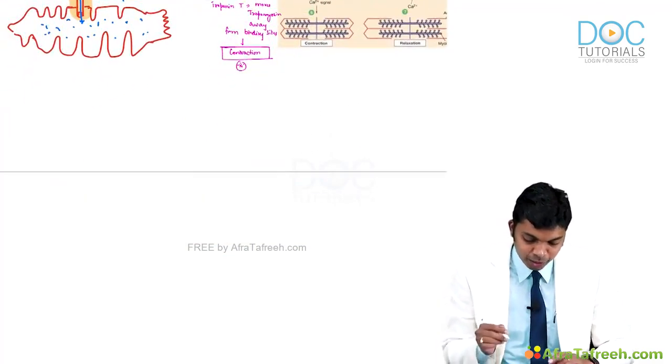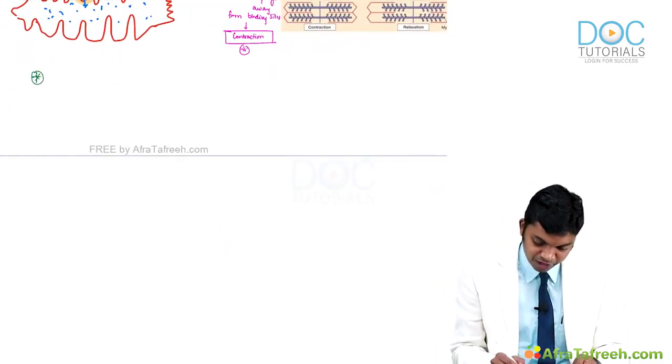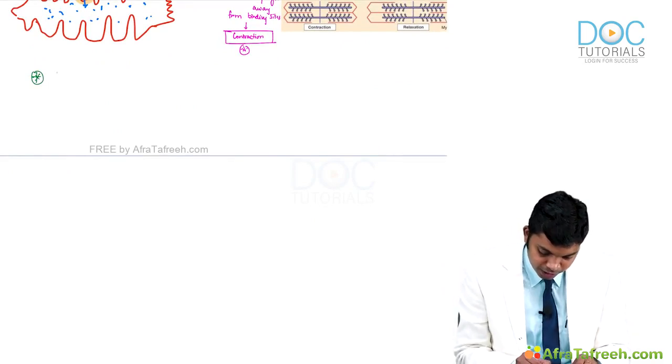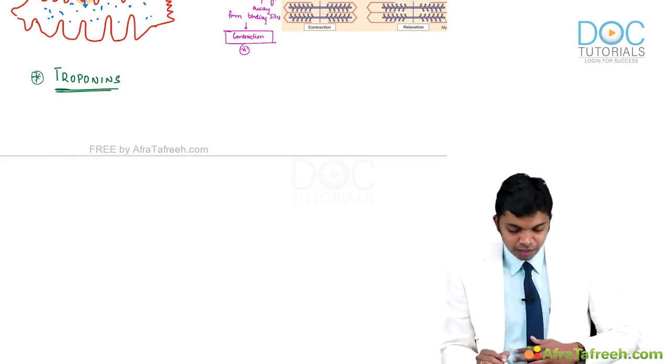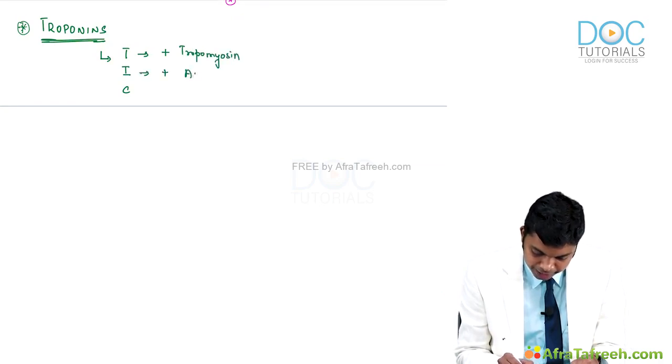Now, the point to be noted here is, be very thorough about the molecule called troponin, right, doctors? Troponins have got three components: troponin T, troponin I, and troponin C. While troponin T binds tropomyosin, troponin I binds actin, troponin C binds calcium.